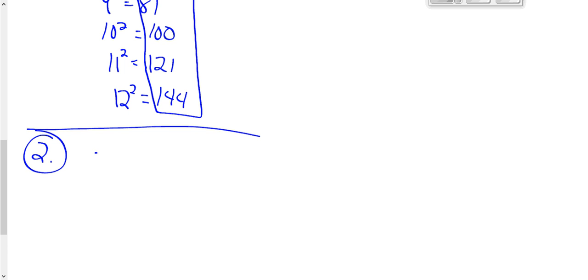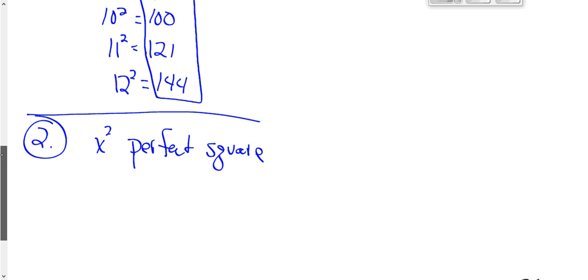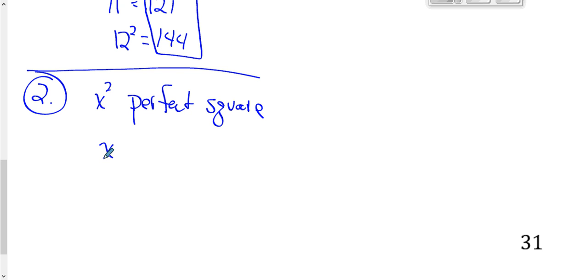We know that x squared is a perfect square, right? What about x to the 4th power? Thinking about your properties of exponents, should we consider that a perfect square? Yes, because it's x squared, squared.